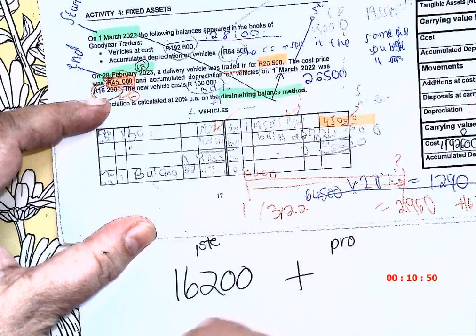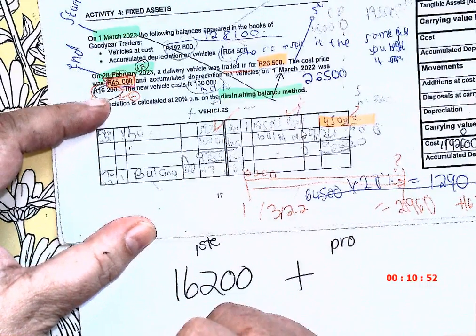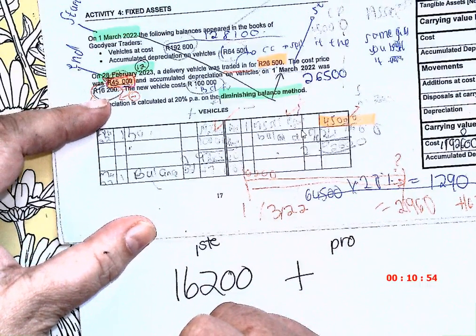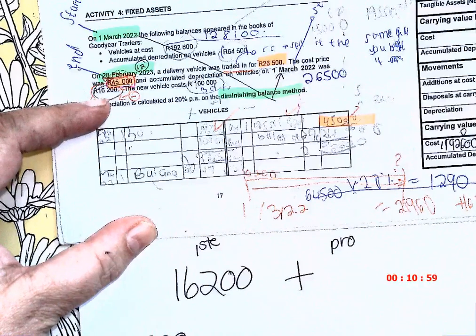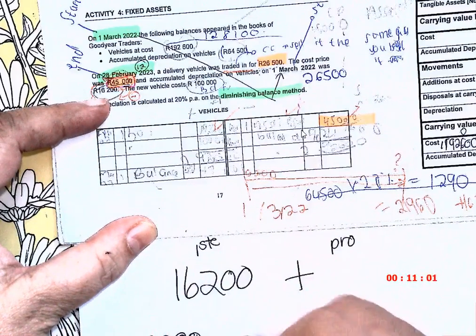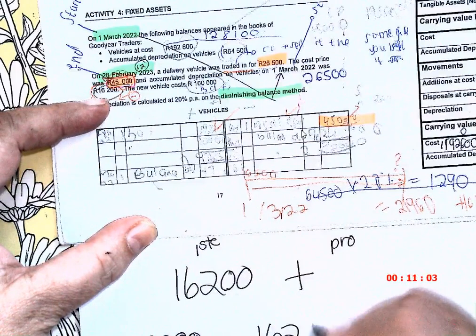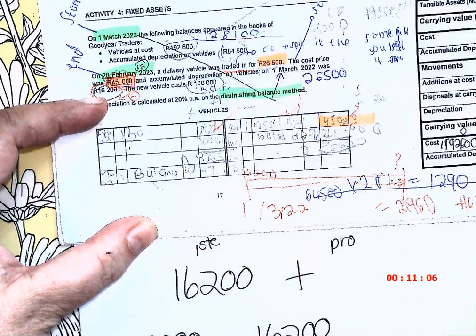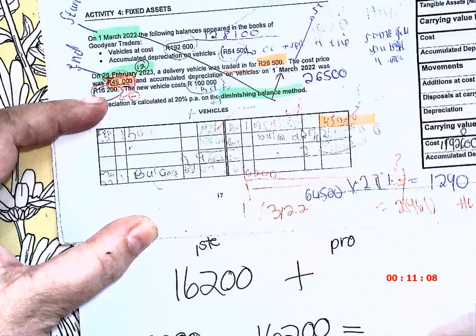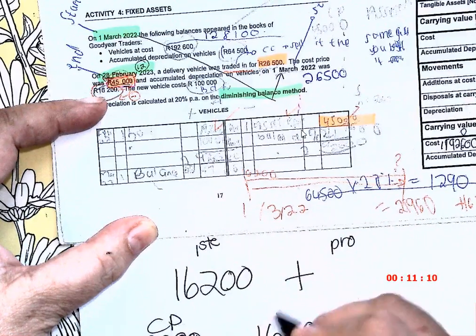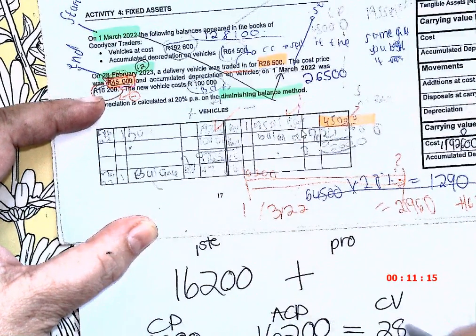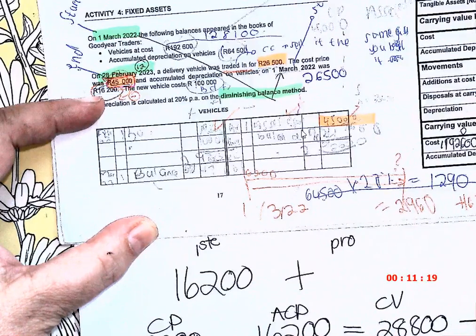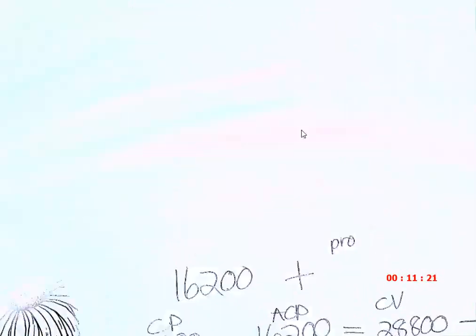So if I take the cost price, which they gave me as 45,000, I subtract the 16,200. Now I'm going to get the carry value. How much is the carry value? 28,800.